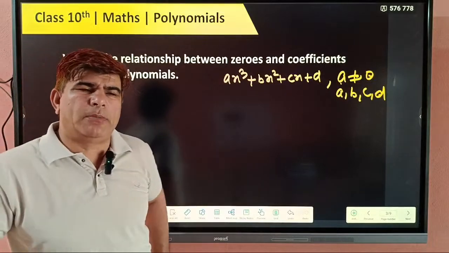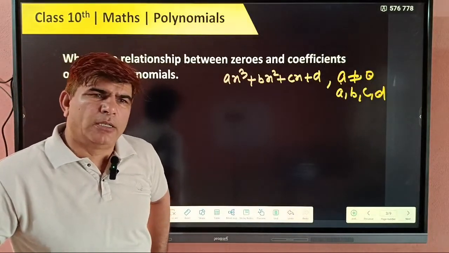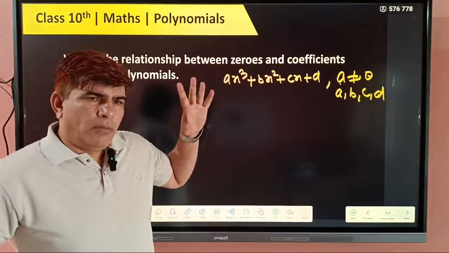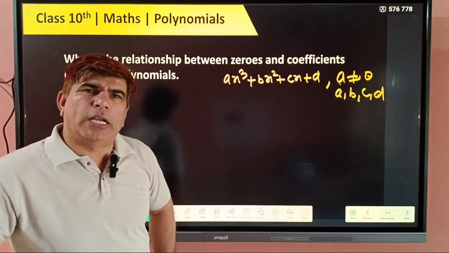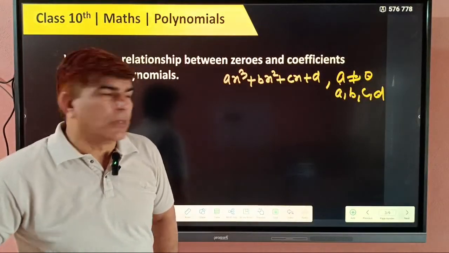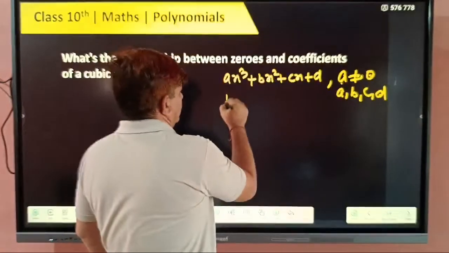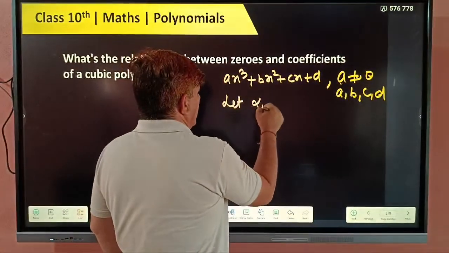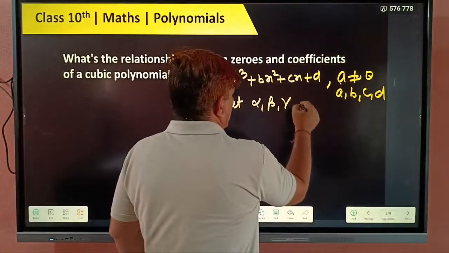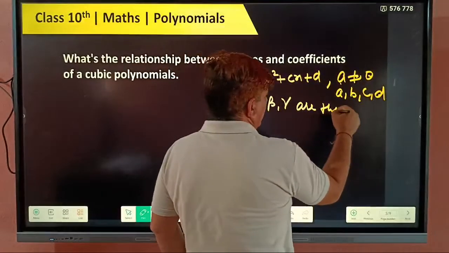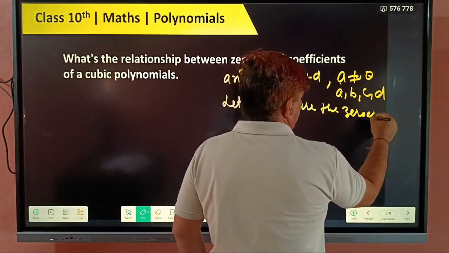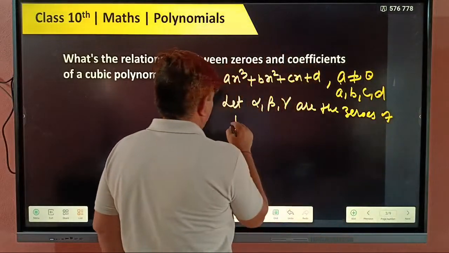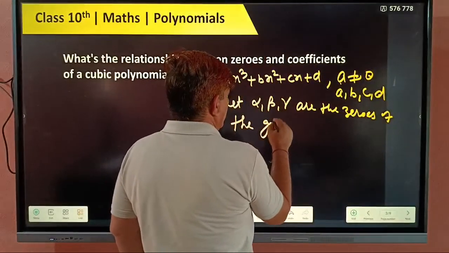The maximum degree of this polynomial is 3. So at most how many zeros exist? 3. So we say let alpha, beta, gamma be the zeros of the given polynomial.